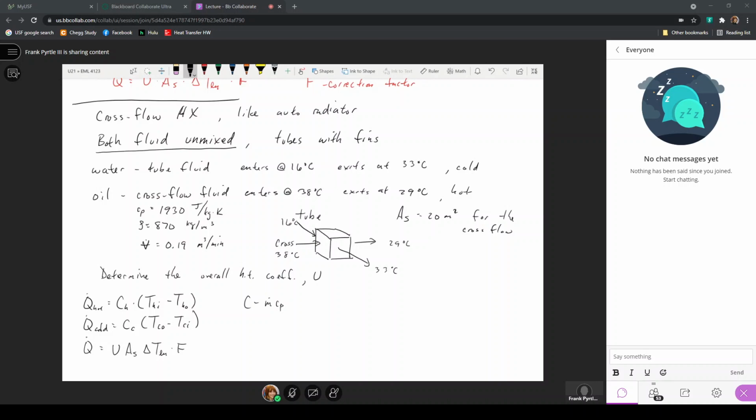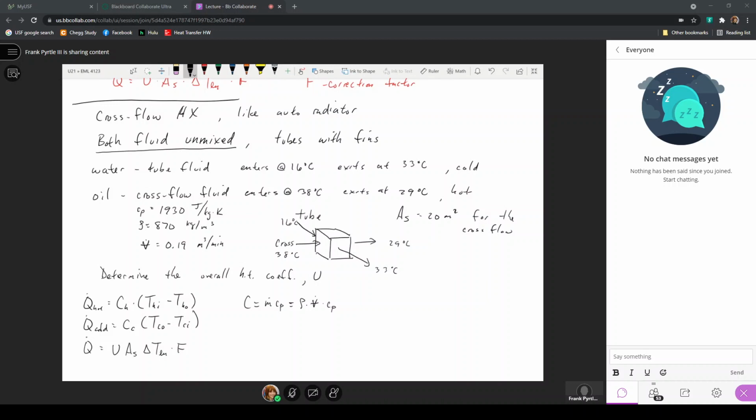Well, the volumetric flow rate multiplied by the density will give us a mass flow rate. So we can calculate that for the hot fluid, because the mass flow rate is just the density times the volumetric flow rate, and multiplied by the specific heat will give us the capacity rate for the hot fluid.